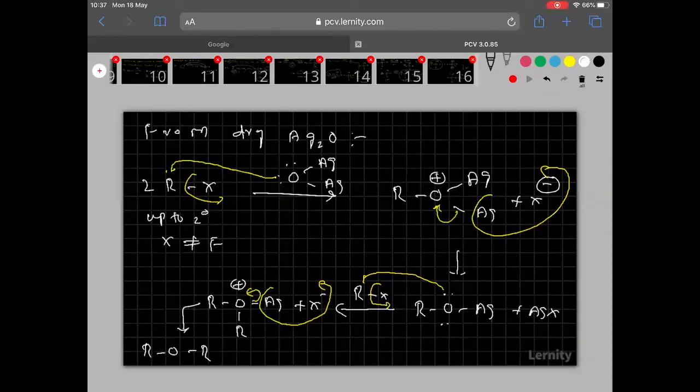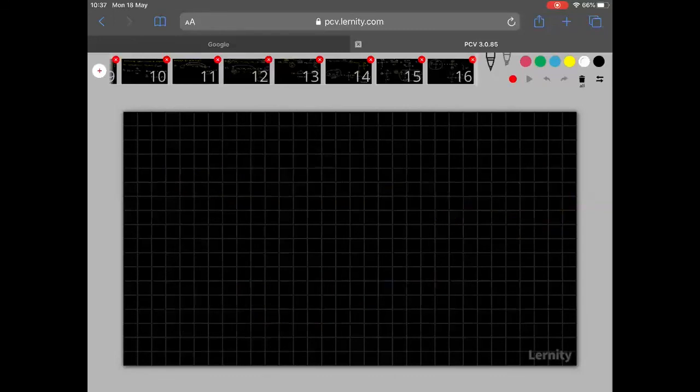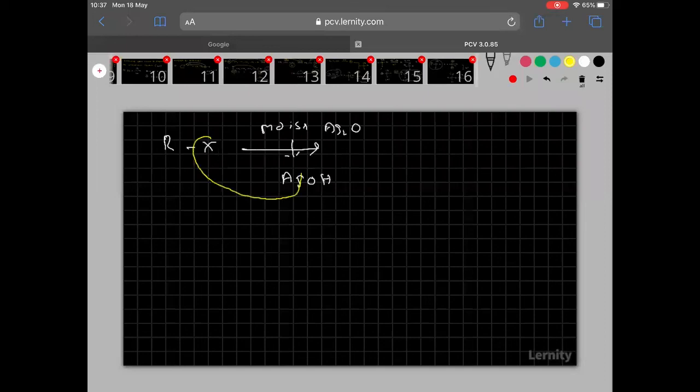But instead of dry Ag2O, if you take moist Ag2O, then what happens? See clearly. RX, when treated with moist Ag2O, moist Ag2O means what, you know? AgOH. Clear? So here what happened? AgX is removed out. Then what happened? Tell me. ROH.